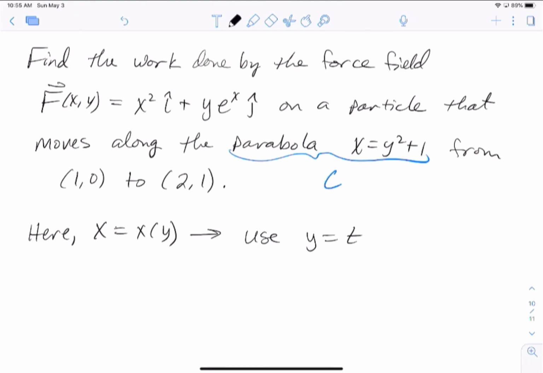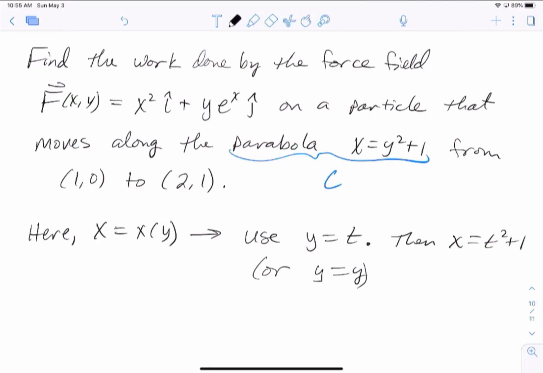Or more informally, we could say y equals y. In order to keep with the notation that we've been using, though, I'm going to stick with y equals t. If y equals t, then x, of course, is equal to t squared plus 1.